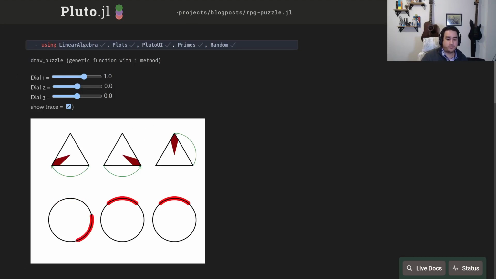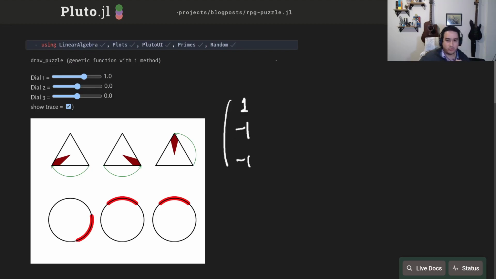So when you move the first dial, you're moving the first symbol once to the right, clockwise. The second -1, and the third one -1 as well.